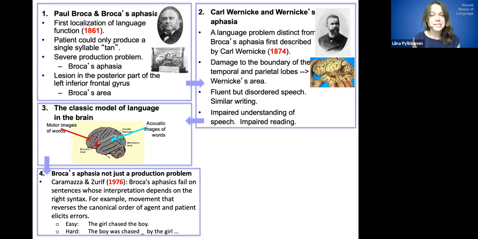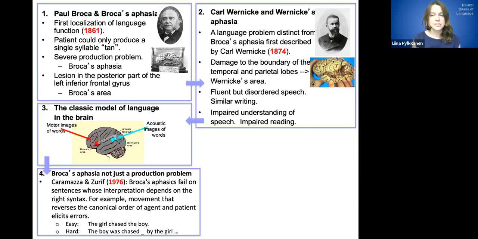And the deficits seemed to have a specific nature: these patients would fail on sentences that were syntactically more complex, specifically sentences where in order to interpret them, you have to correctly compute the syntax.